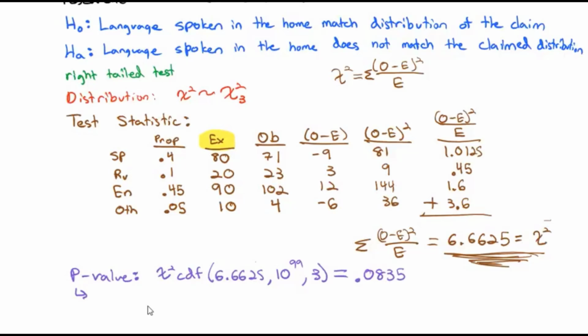0.0835. And what that p-value tells us is the probability that null hypothesis is true given our data.